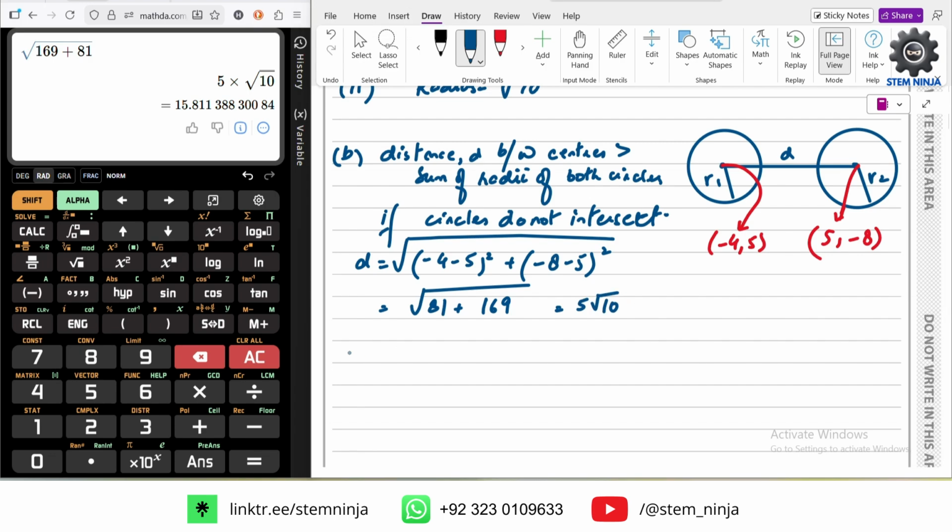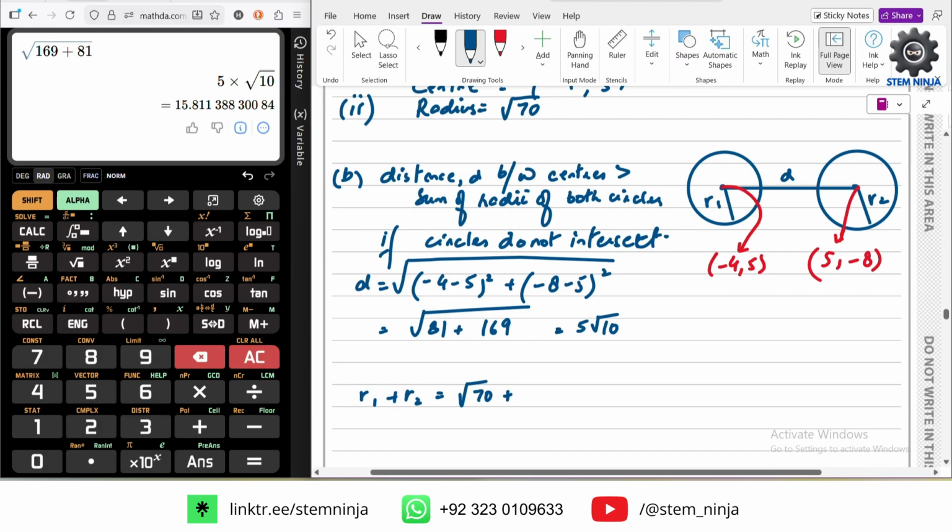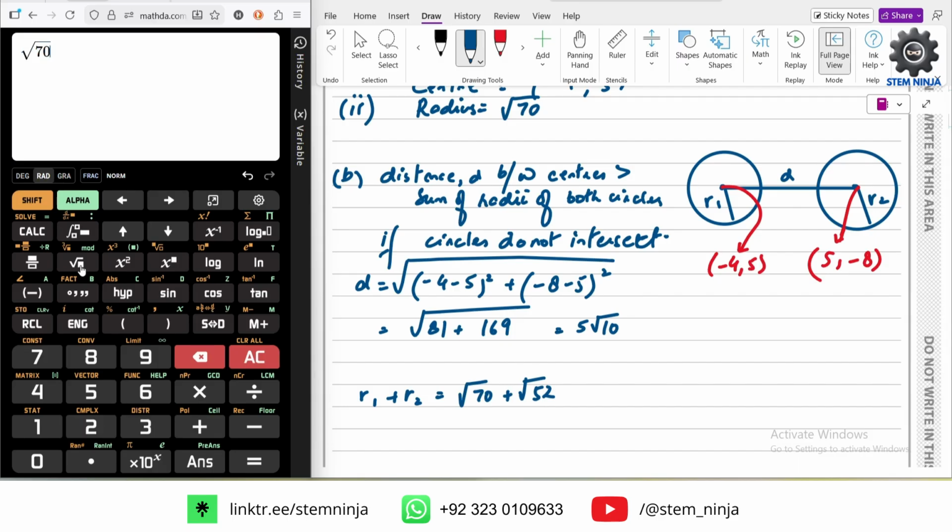Now let's check the radii. So radius 1, radius 2 is square root 70 plus square root of 52. Right. 70 plus 52, 15.5. Wait a second. This is 15.577.